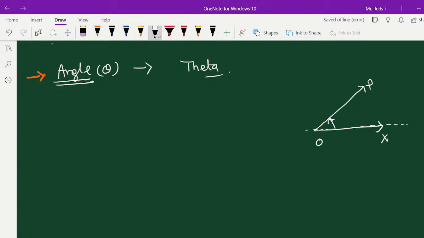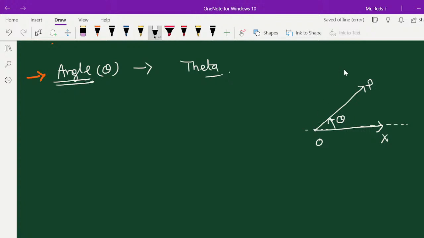Now when it revolves in the anti-clockwise direction starting from the OX position, we say it has swept through an angle theta. When it is here or somewhere here, it may have swept through a different angle.